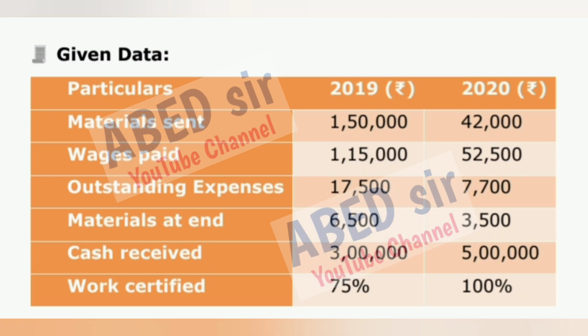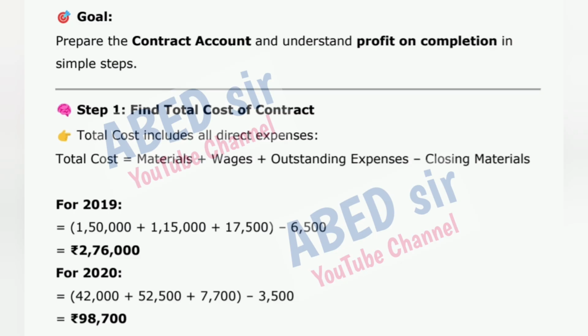Outstanding expenses 17,500, 7,700. Materials at end 6,500, 3,500. Cash received 3 lakhs, 5 lakhs. Work certified 75%, 100%. Goal: prepare the contract account and understand profit on completion in simple steps.